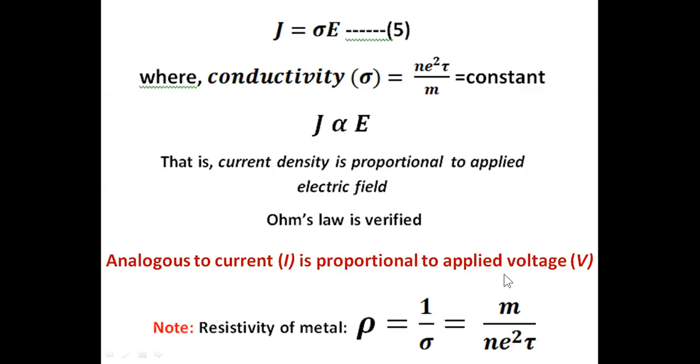So you may expect problems based on this particular expression, rho or sigma. They may ask you to calculate the resistivity or conductivity, for which we know the expression from this note. So this is the verification of Ohm's law from Drude-Lorentz theory.